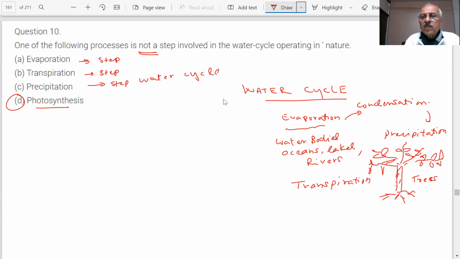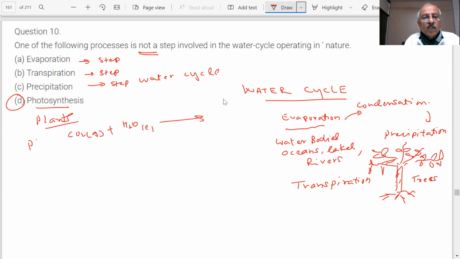What is photosynthesis? Tell me what happens during photosynthesis. Sir, when a plant makes food. How do they make it? What do the plants do? Sir, they use chlorophyll and sunlight to make it. What is the reaction? Photosynthetic reaction. What do they use? Carbon dioxide gas and water.